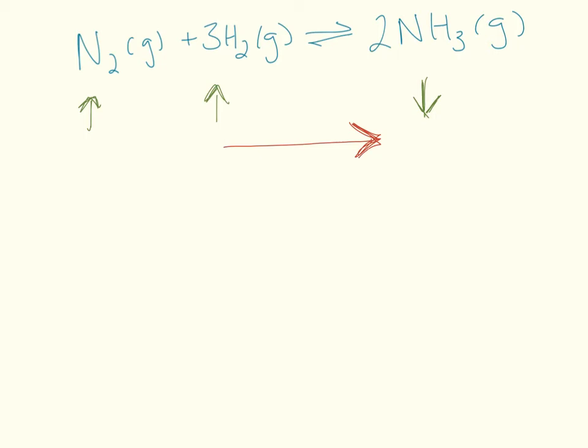So if you increase the concentration of your reactants or you decrease the concentration of your products, you're going to have an overall shift toward the product side.